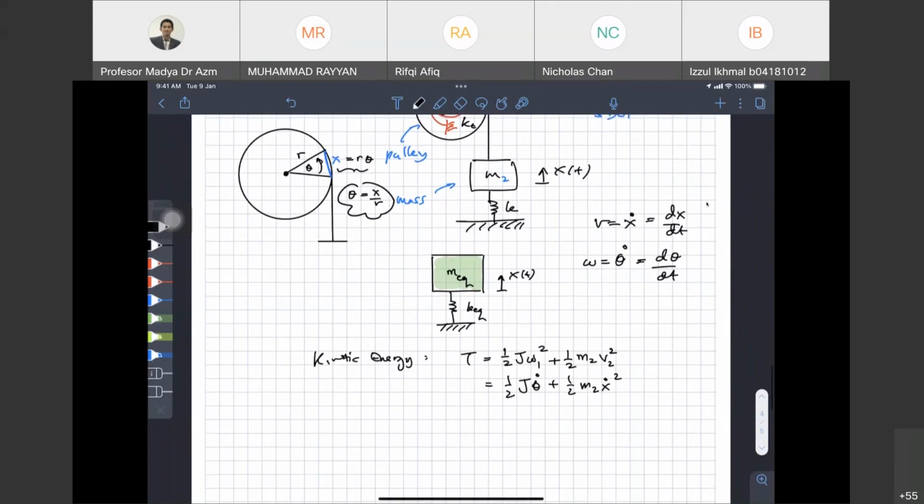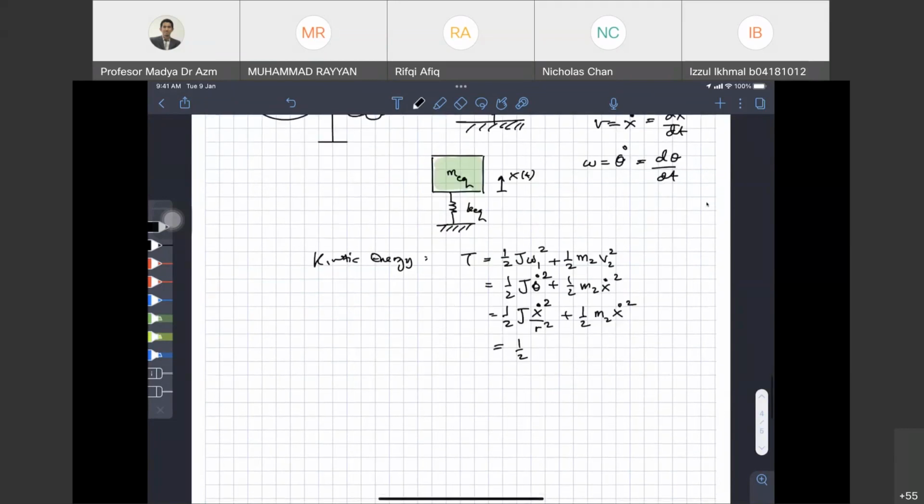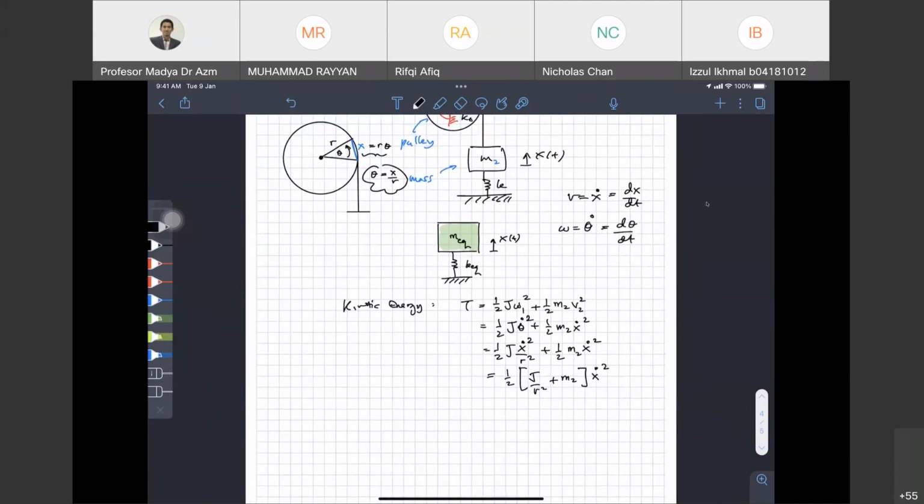So substitute here x over r. So a half J, x dot over r. Remember this one is squared, plus a half m2 x dot squared. Okay, so everything together: J over r square plus m2, times x dot squared.